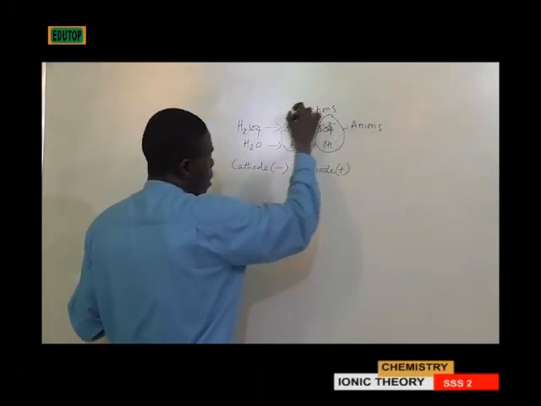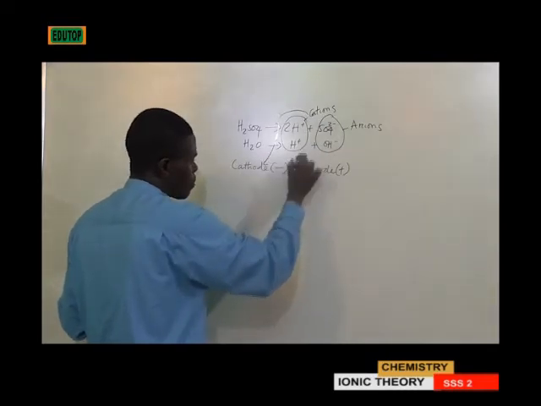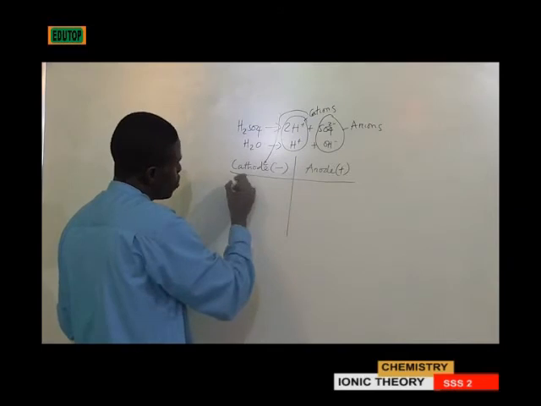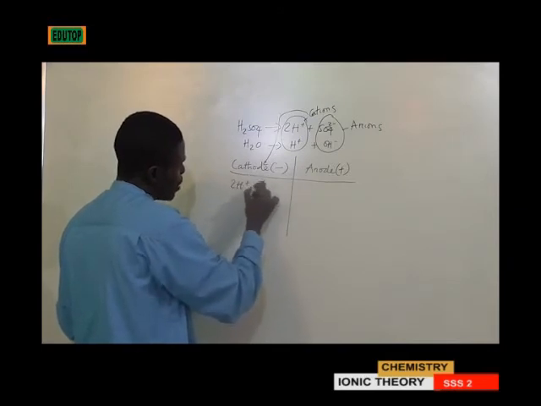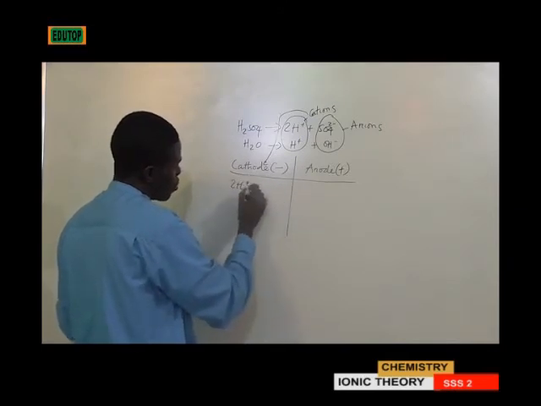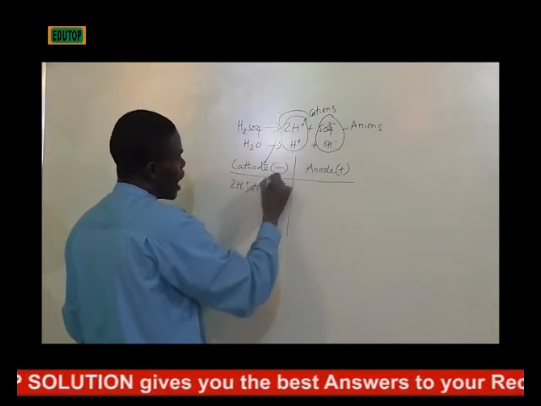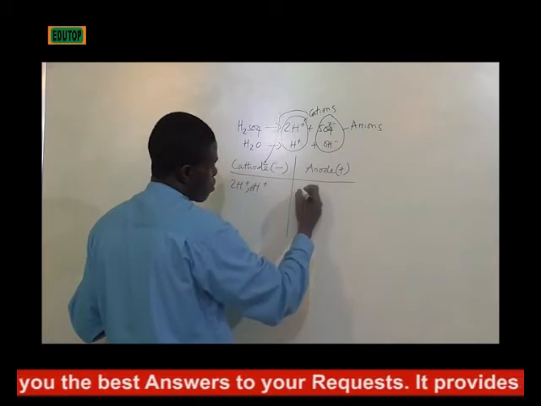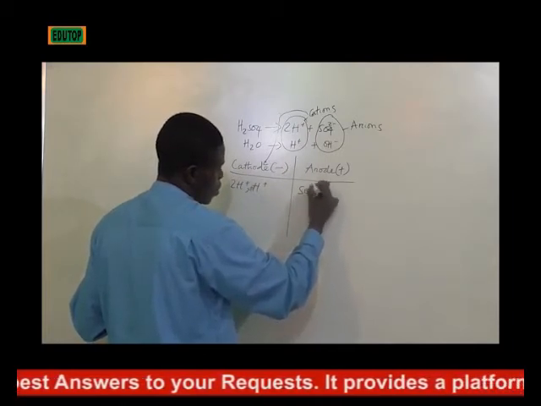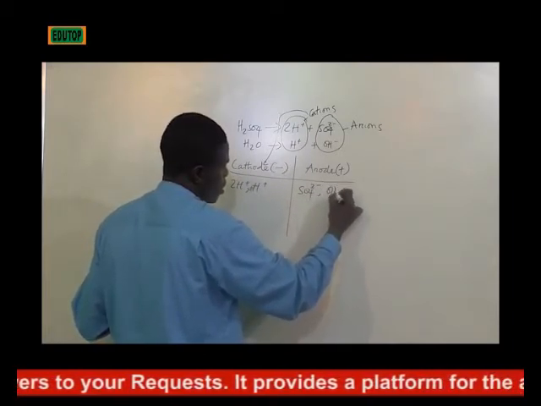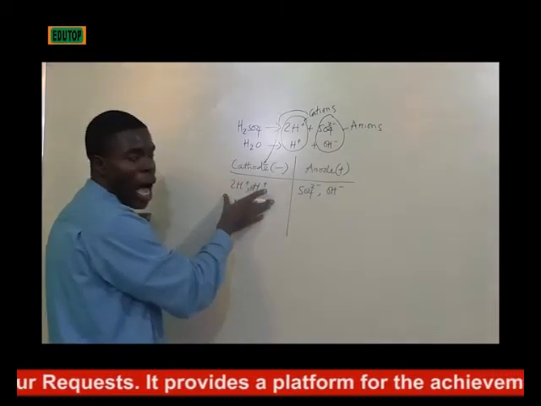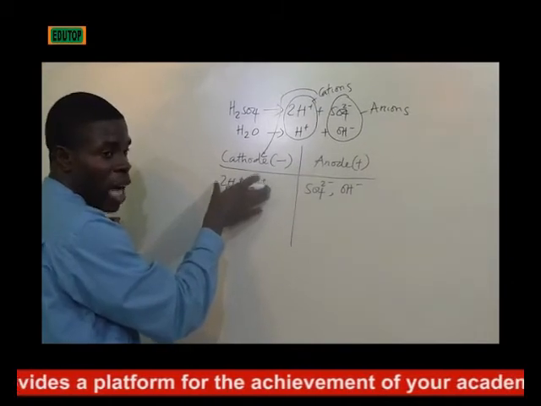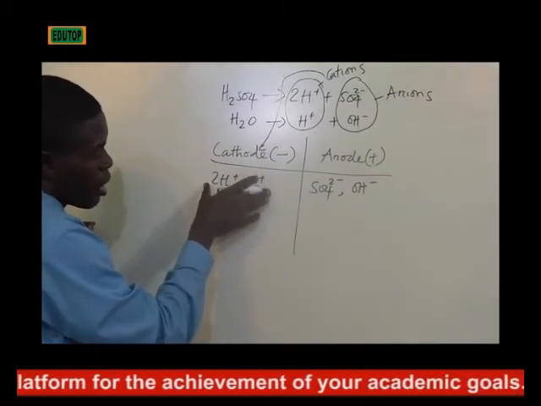So the cations migrate to the cathode, while the anions migrate to the anode because of their charge.